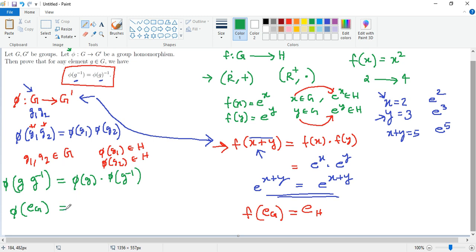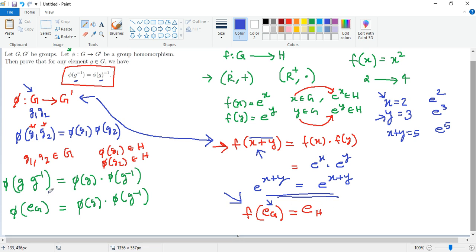Now this one here, phi of G times phi of G inverse, these two are elements of H. Now we'll use this property, which says if you input the identity element of the group on the left hand side, the output will be the identity element of the group on the right hand side.